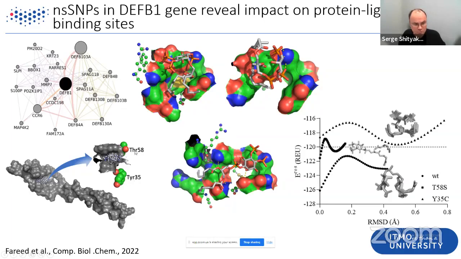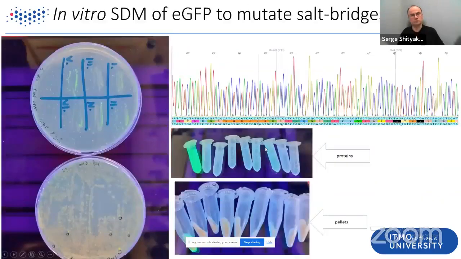We found that some mutations take place at the interface where the protein-ligand interaction occurs. We analyzed this phenomenon and found that indeed, if you mutate it, you are probably decreasing the protein function, and the protein-ligand interaction will go down.